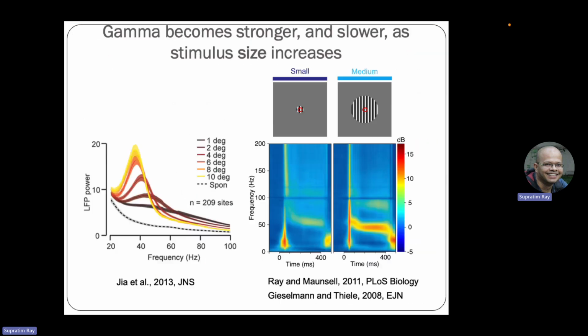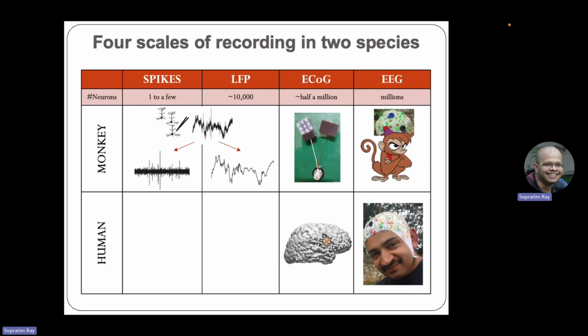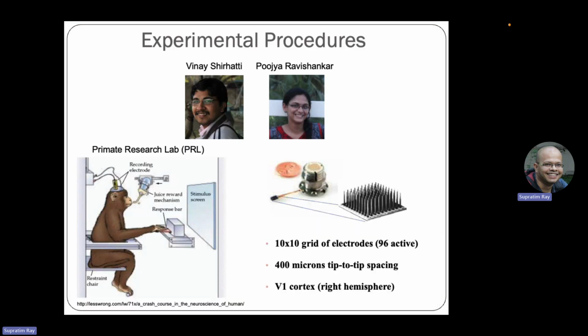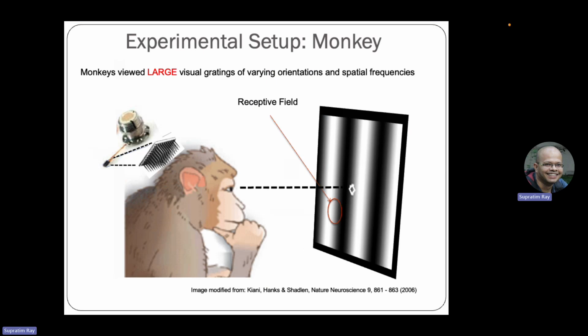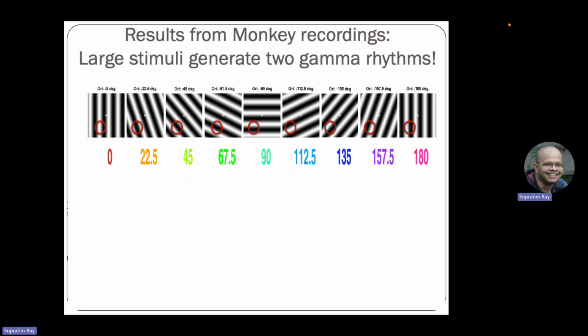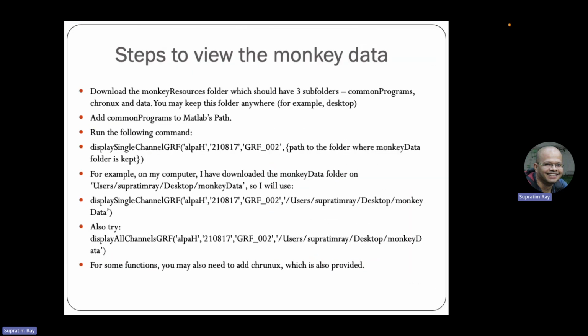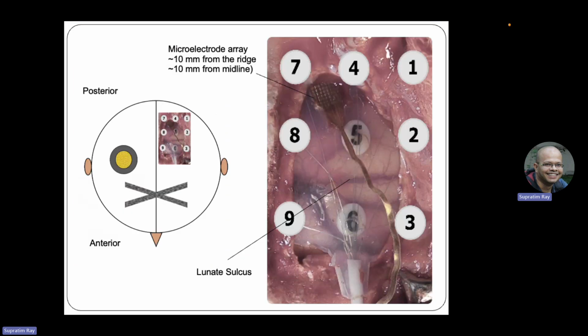In the first class, I told you about gamma oscillations and some monkey recordings where a monkey looks at a big stimulus whose orientation and spatial frequency we vary. Then I shared the data and the codes which allow you to visualize this. That was the first and the second part.